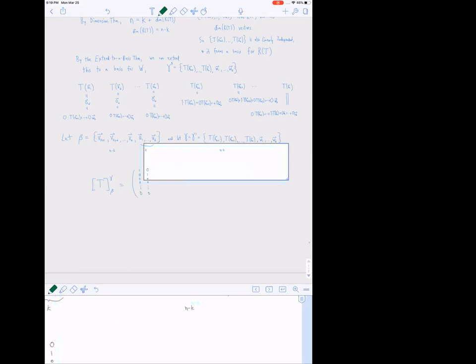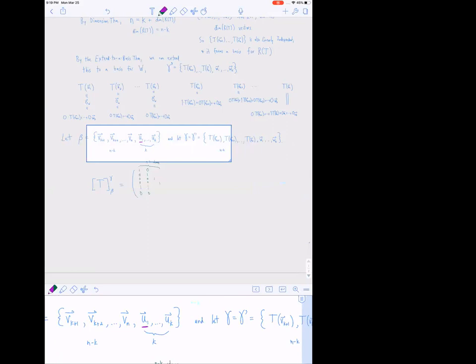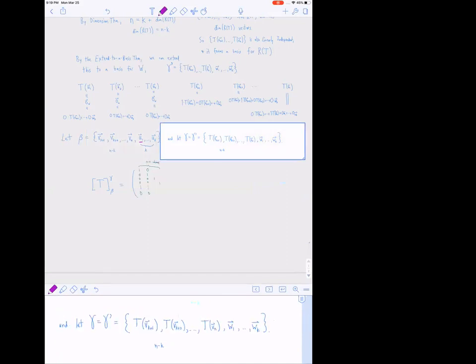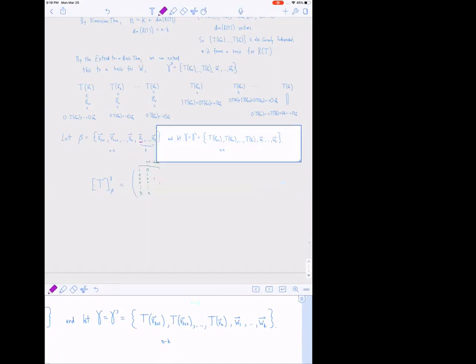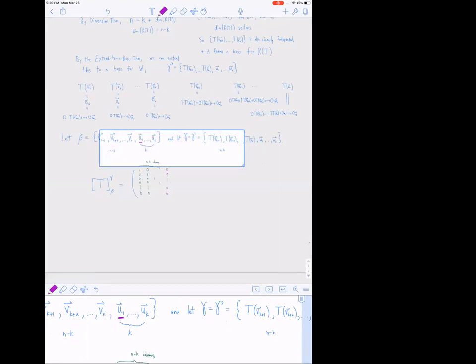And then after that, once we start applying T to the remaining vectors, T of u_1 will be the (n minus k plus 1)st column. Well, T of u_1 is just 0, so when we write 0 as a linear combination of gamma, all the coefficients will be 0, including on the diagonal, and that will be true for all of the remaining vectors in beta.